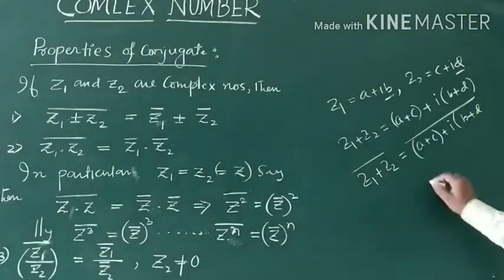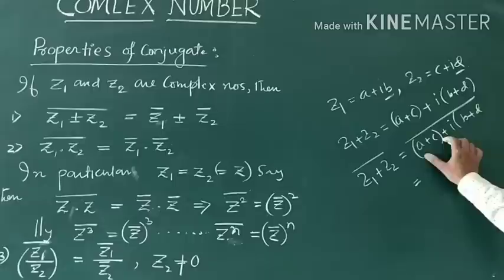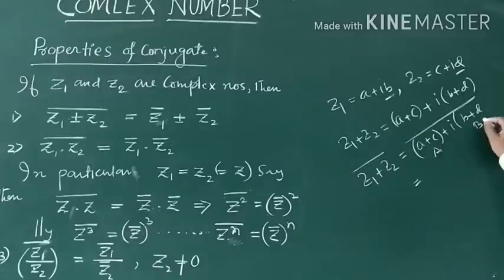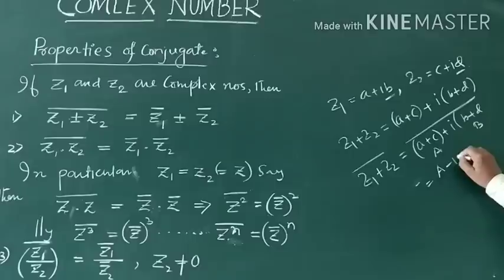ठीक है, then what happens, since we know that it is a complex number of the type capital A, if you consider this is A and this is B, this is of the type A plus IB. Okay, and what is the conjugate of A plus IB? It is A minus IB.